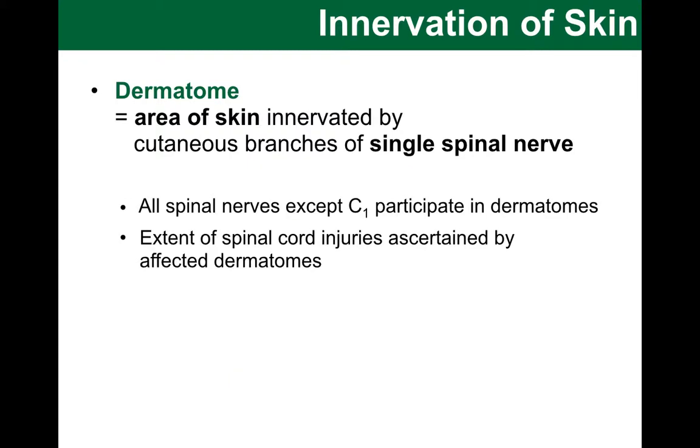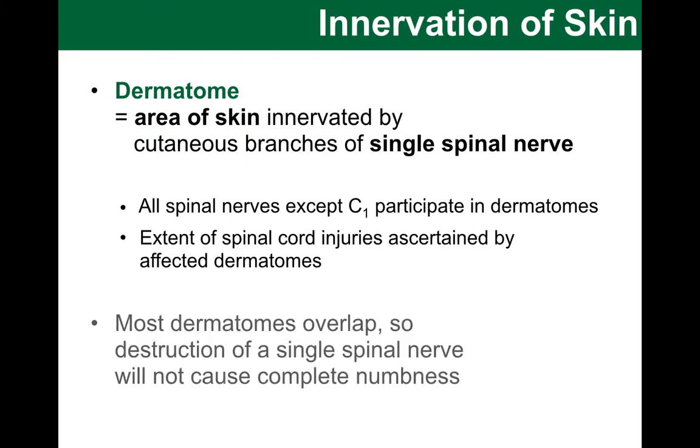Well, we can use them to assess, for example, the region of a spinal cord injury. However, one last word of warning. These areas of dermatomes typically overlap a fair bit, so it is not always as straightforward as you might expect based on these maps.